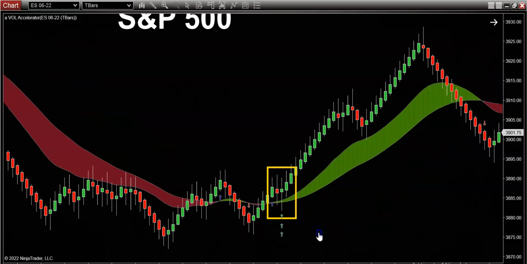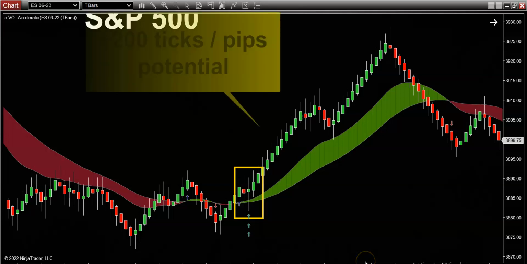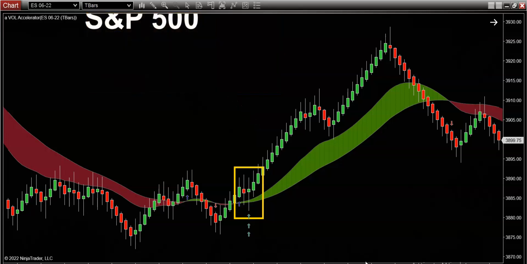And you can see this thing just rips for about 50 handles on the S&P from the starting point to the intraday equity high. That's about 200 ticks or pips if you follow along in Forex. It's not a small amount. 200 ticks is quite a lot.